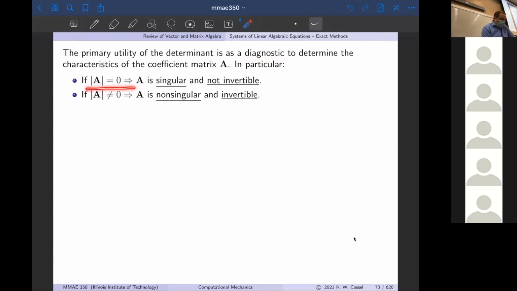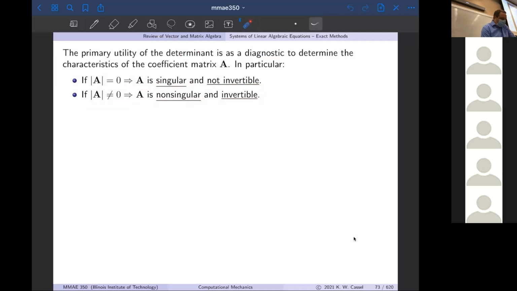If the determinant, and this is how we denote it, with the A in these vertical brackets, is exactly equal to 0, we say that the matrix A is singular. Usually when you hear the mathematical term singular, that's bad. It means it's not invertible and there's no solution to the system of equations AU equals B. If the determinant is non-zero, then A is non-singular and it is invertible, and therefore you can get a unique solution.